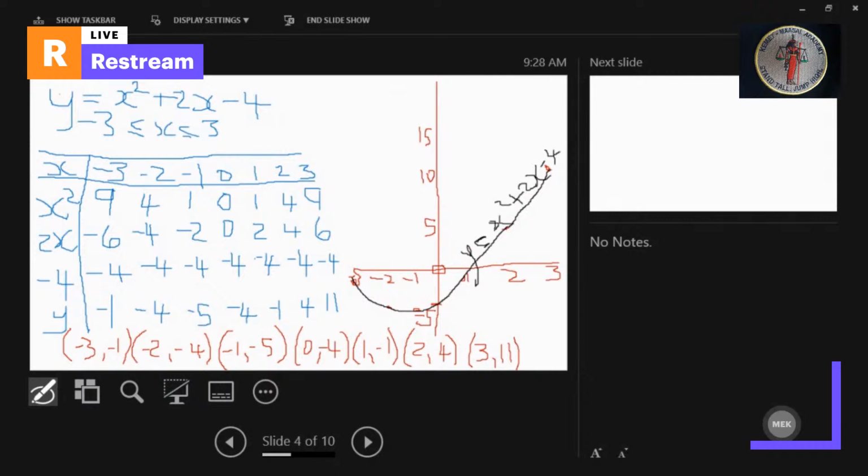And you notice when it's negative, it was oriented that way, right?